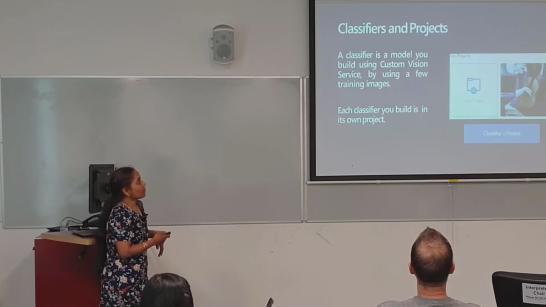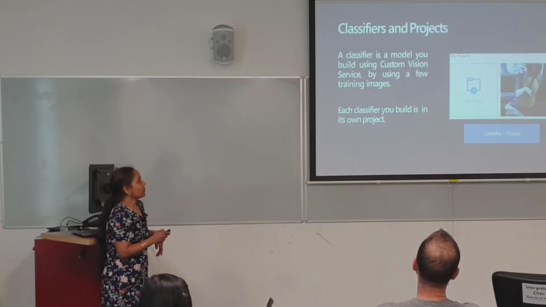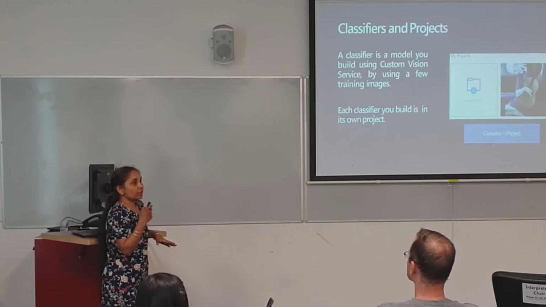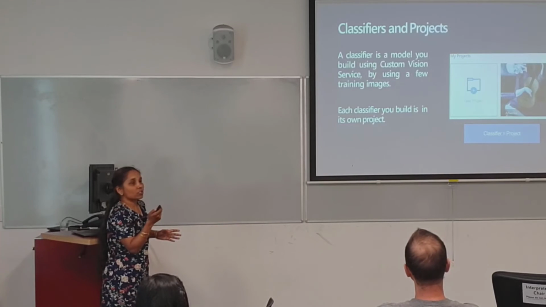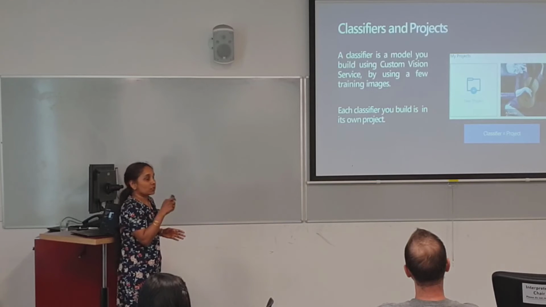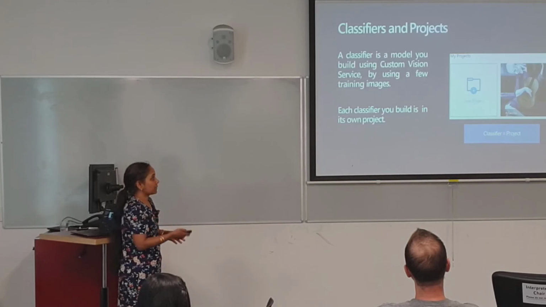A classifier is a model you build using the custom vision service by training on a few images. Each classifier is equal to one project, so in those you can upload differently labeled images to train the different labels.